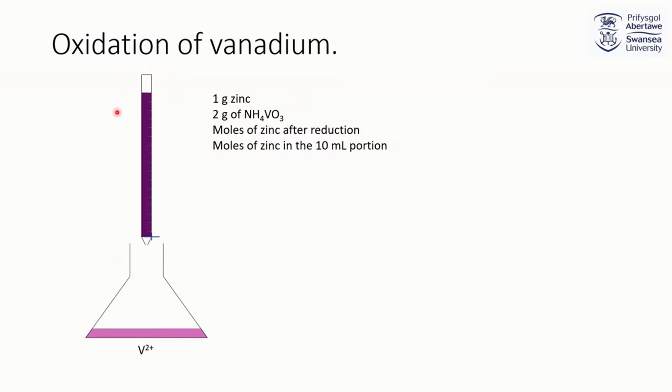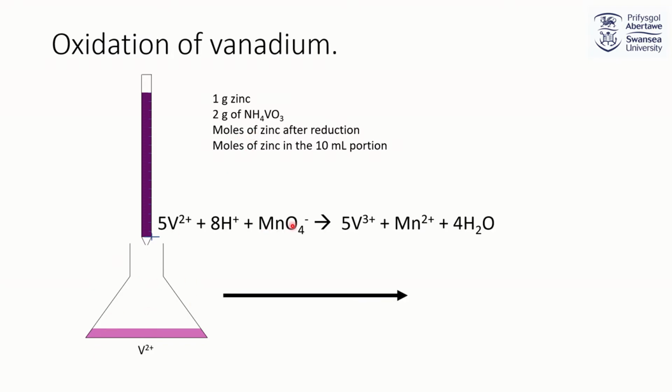And this would mean that the volume of potassium permanganate solution being titrated will be larger in terms of moles than the actual moles of vanadium. And this could be a consideration to work out, as the stoichiometry is 5:1 of vanadium to permanganate.